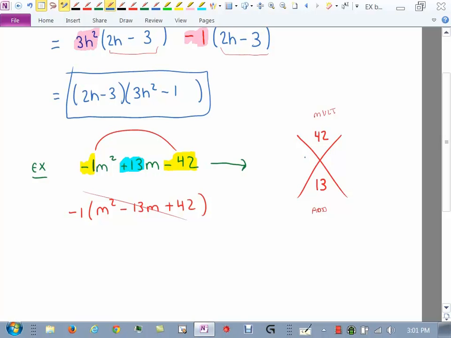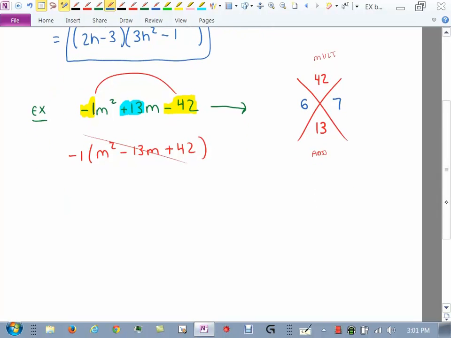So I put a 6 here, and I put this 7. Could I have done 7 and 6 written the other way? Yes, right? Okay, now the critical step. How do we use that to come up with our factoring? What we do is we rewrite the problem, -m squared, and then I'm going to write the -42 out here.